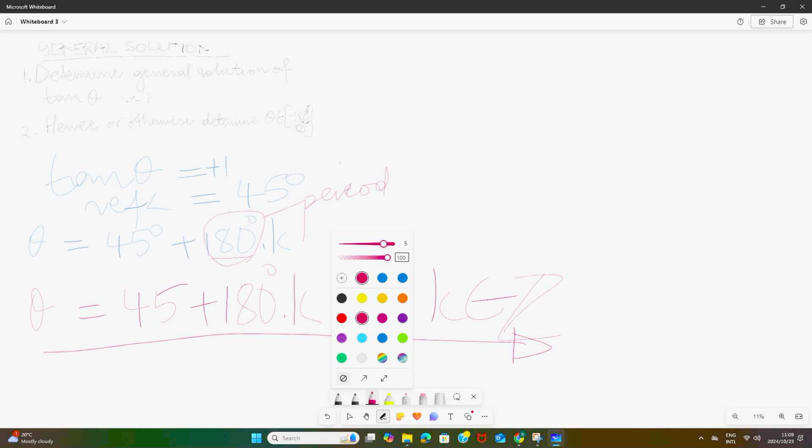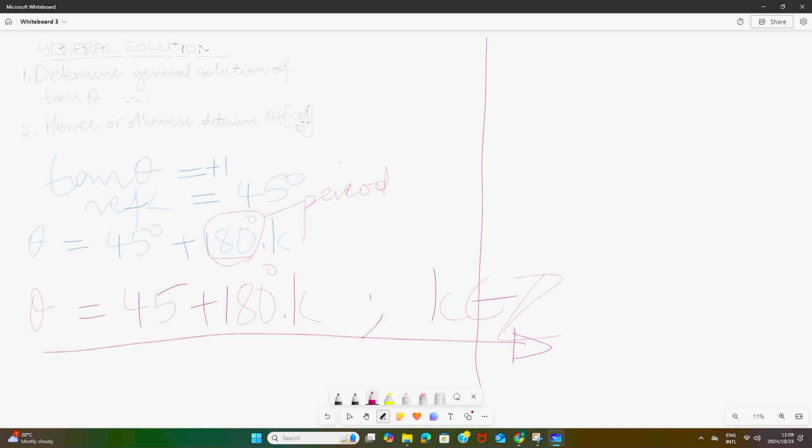And then there is also another version for general solution of a tan ratio, whereby instead of using 180 degrees, other people will be using 360 degrees. I want us to differentiate between the two, 180 degrees and 360 degrees.